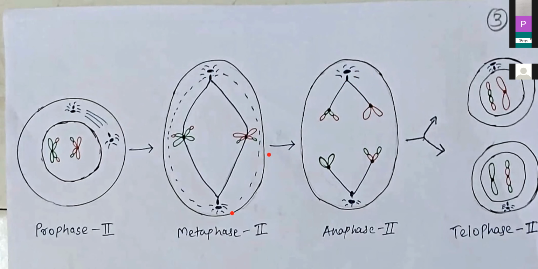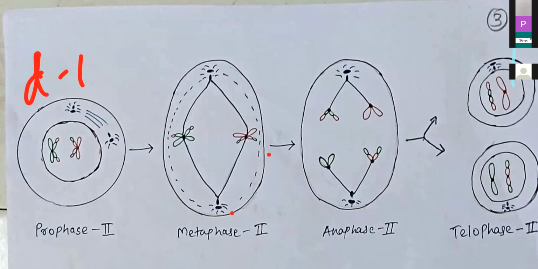And finally, in telophase, chromosomal decondensation, nucleolus appearance, nuclear membrane formed around chromosomes collected at each pole. Spindle should be disintegrated, and gradually through cytokinesis, two daughter cells come into existence. If this is the fate of one of the daughter cell generation 1, these are the daughter cell generation 2.